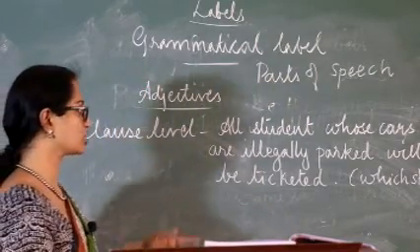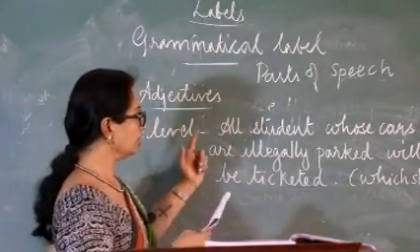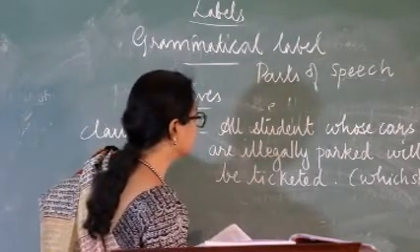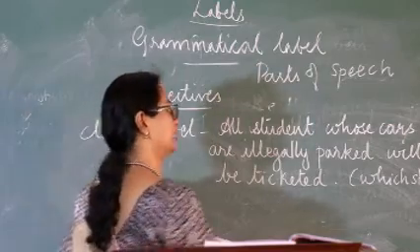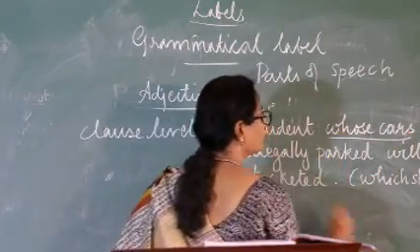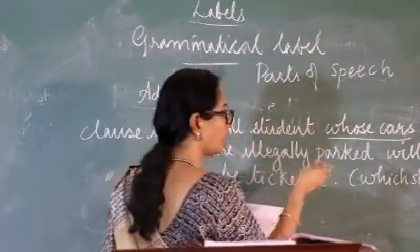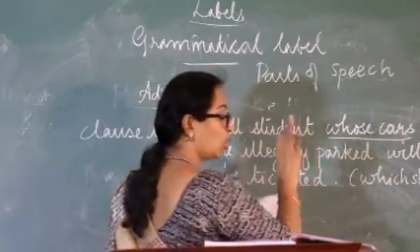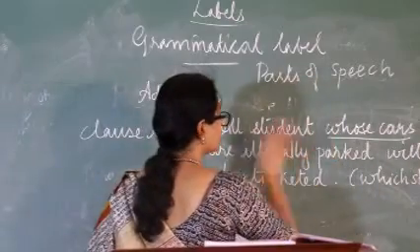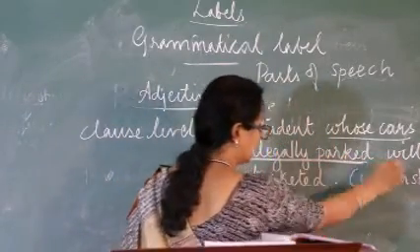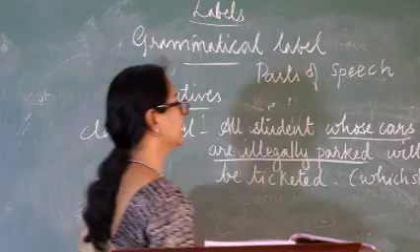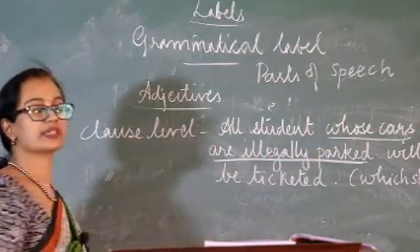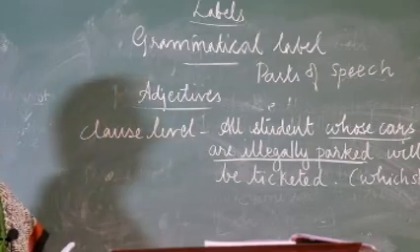When you ask the question, which students? All students whose cars are illegally parked will be ticketed. They will be fined. So, whose cars? That clause becomes an adjectival clause. Which students? Whose? The students whose cars are illegally parked will be ticketed. So this part, the clause, becomes an adjectival clause.